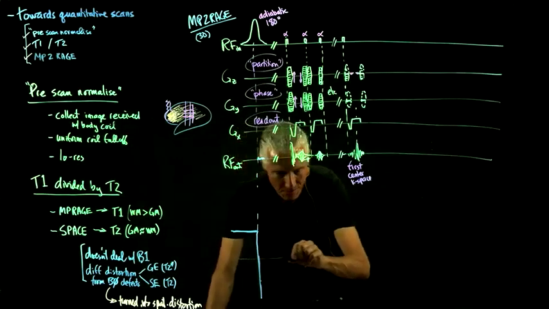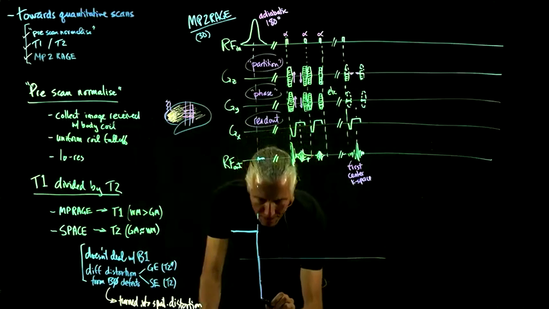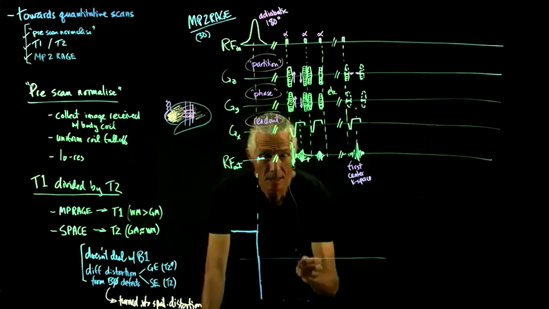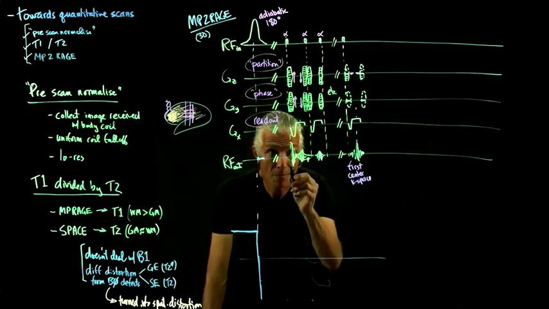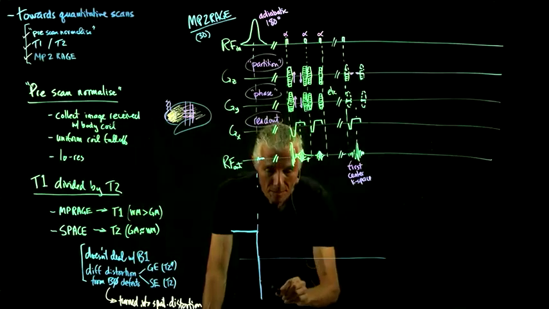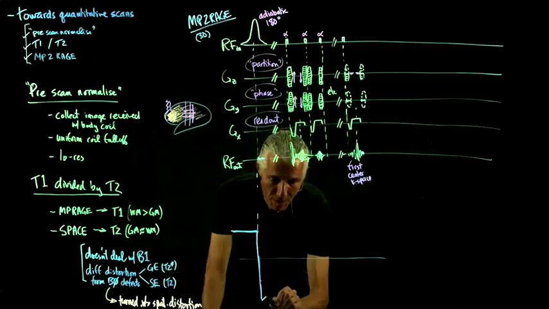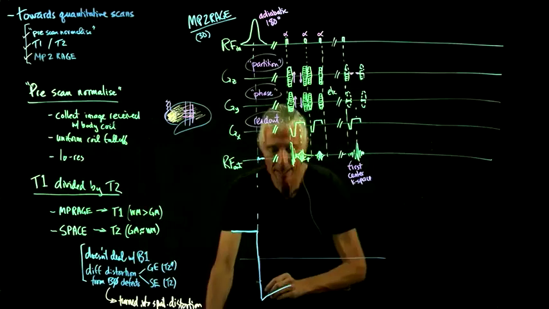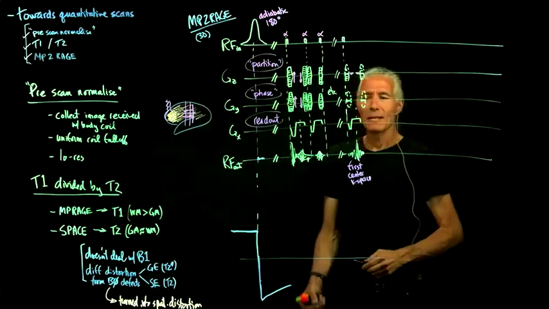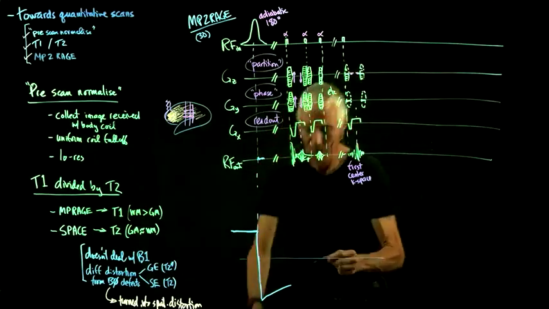So here's 0. And then we start recovering for a while. We wait, and this is a pretty big gap. So we wait for a while and start recovering. Don't record any data. And then we start doing a bunch of alpha pulses.